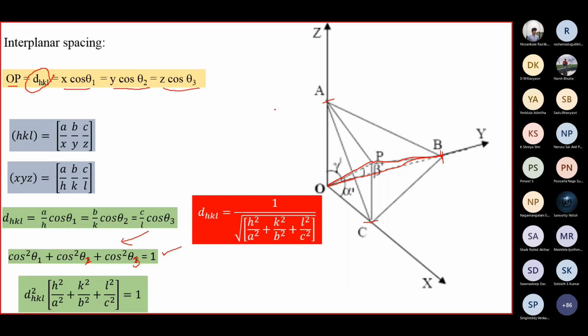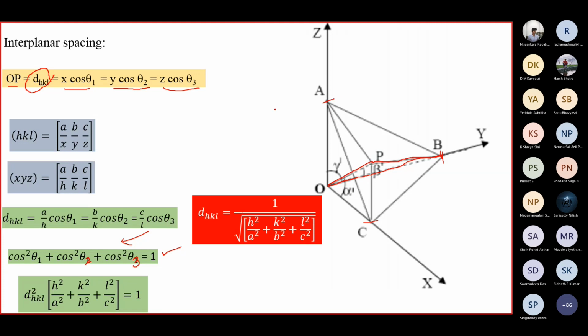For a simple cubic, what is the formula? Can you work on this formula further considering a simple cubic, or can you not? Come on, somebody. Loudly.